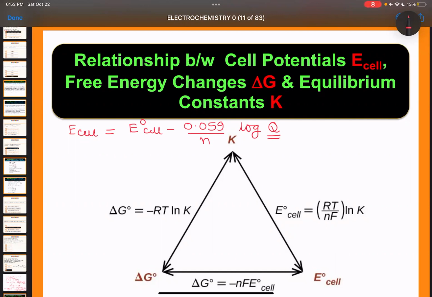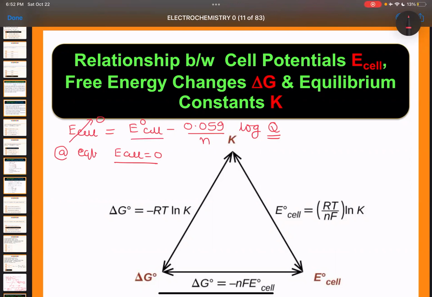Suppose at equilibrium, what is going to happen? E cell will become 0, because at equilibrium the cell stops working. But E naught cell is the standard, that is not 0.